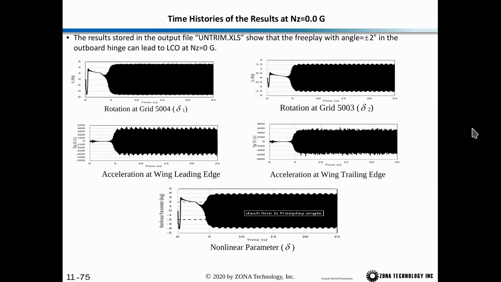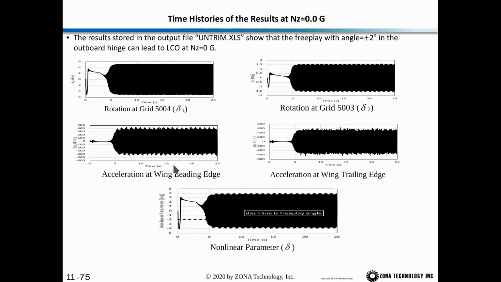Now if we run the analysis and look at our outputs, the results are stored on the file untrim.xls, which shows that the Freeplay with an angle of plus or minus 2 degrees in the outboard hinge can lead to LCO when NZ is 0 Gs. So this is our delta 1 rotation of the grid 5004, and this is delta 2 rotation of grid 5003.